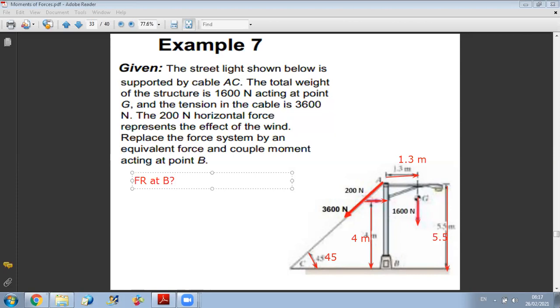Now, what will be different is that if I reduce at A, for example, instead of B, I will have the same resultant force, but a different resulting moment.